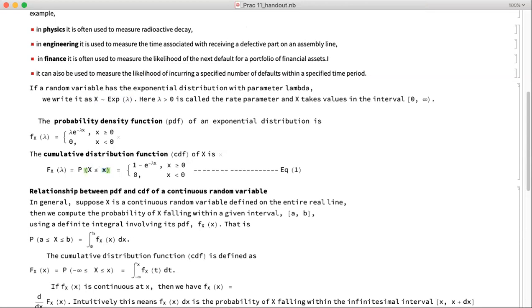Now, let me explain the relationship between PDF and CDF.